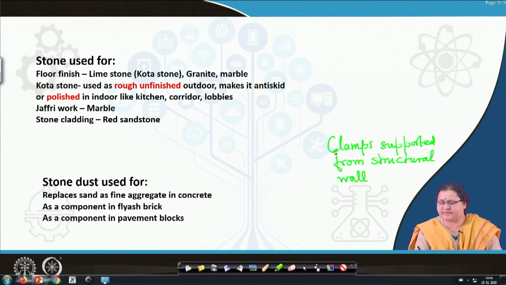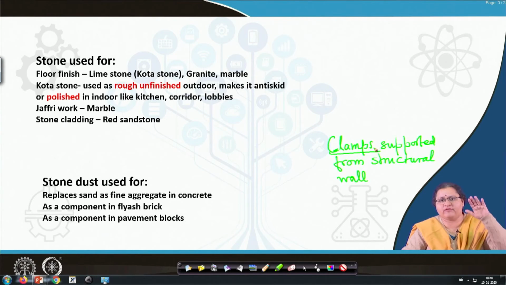So, these clamps actually help it to get away from the wall and hang to form a uniform facade.